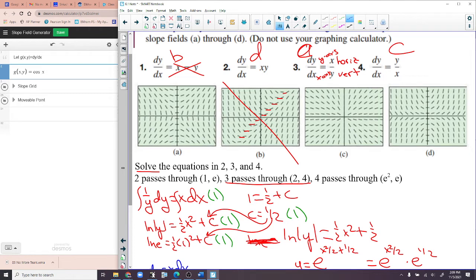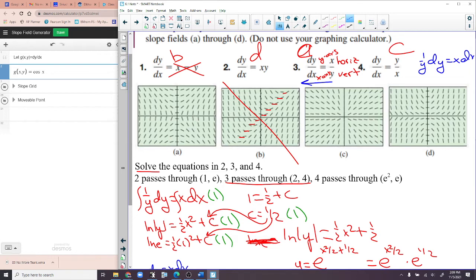Someone in here, or in the other class, maybe out of the 59-ish BC students I have, a couple of you are going to do this: 1 over y dy is equal to x dx. You're just going to slide the y over. That's not how we get y to the other side, is it?